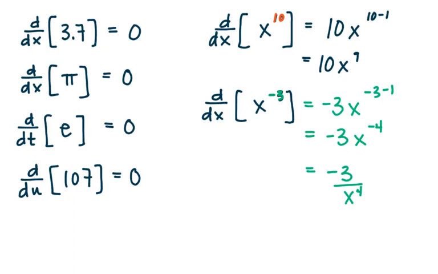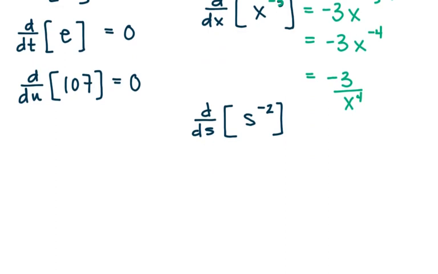I could change variables. I could say, all right, well, let's take the derivative with respect to s of s to the negative 2. Negative 2 is my power.